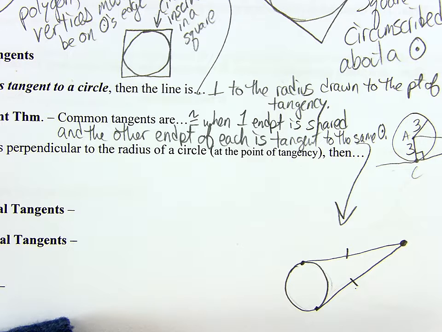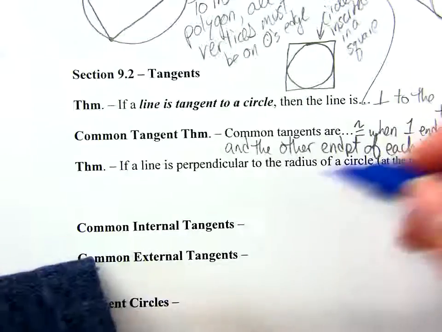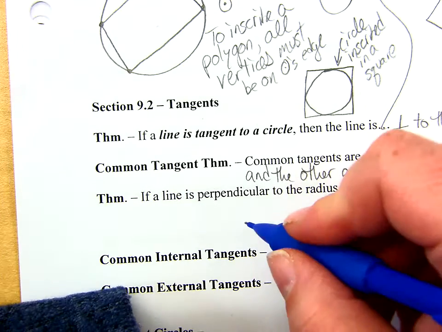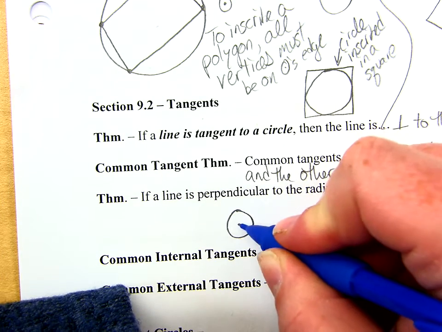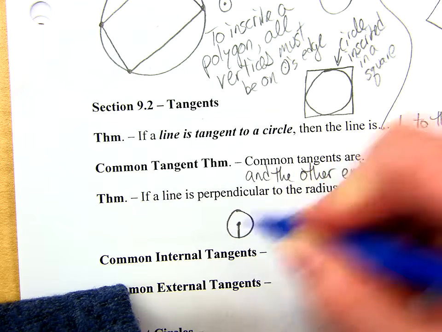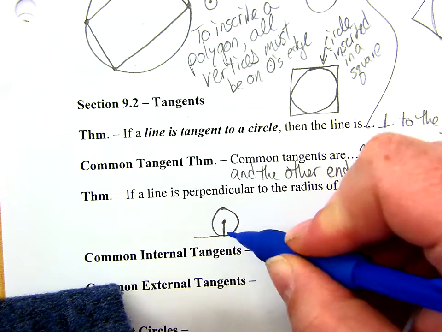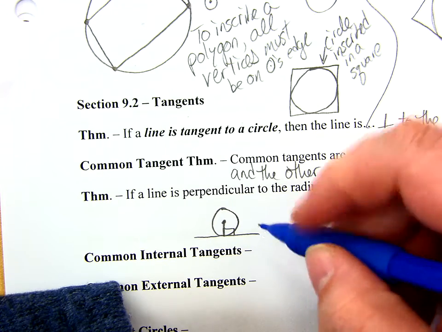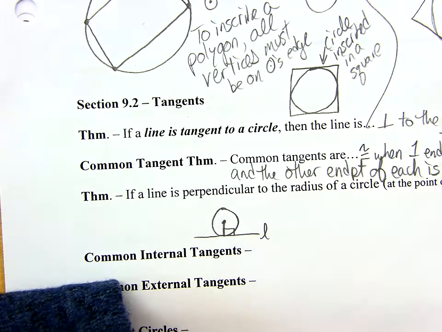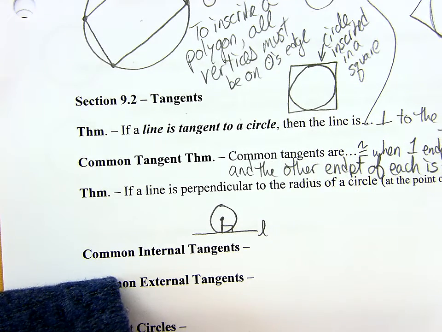Okay, so the next one says, if a line is perpendicular to the radius of a circle at the point of tangency, then, let me draw you this picture first. Here's what we know. If I have a radius or a diameter, it doesn't always have to be a radius, and I know that that's a right angle, that just tells me that this line here has to be tangent to the circle.